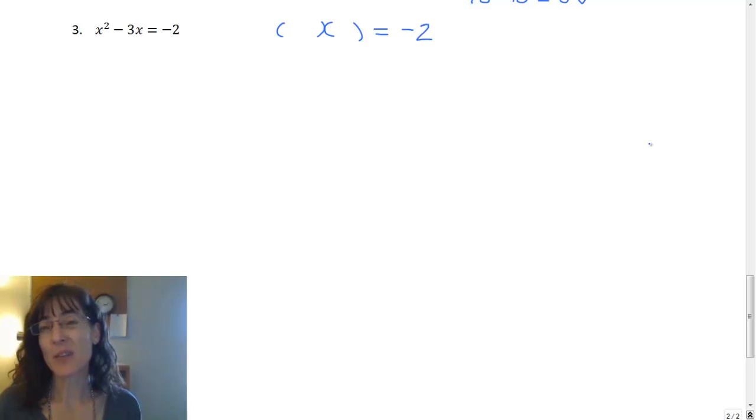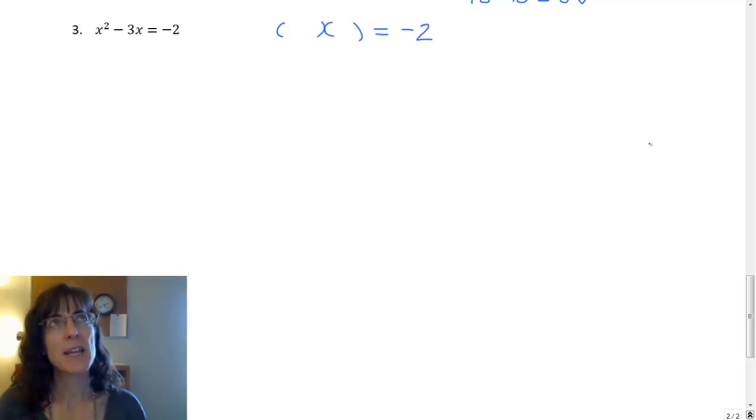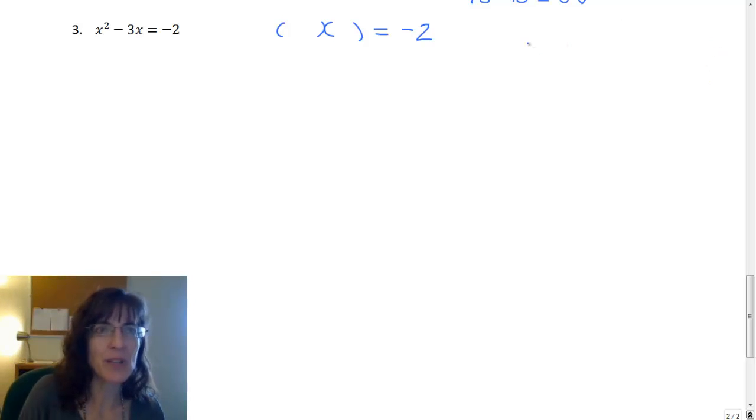And if that doesn't convince you, I can also come up with some fractions. Let's write a couple things down. So I can come up with a bunch of things that equal -2. So I could have -1 times 2, that's a -2.